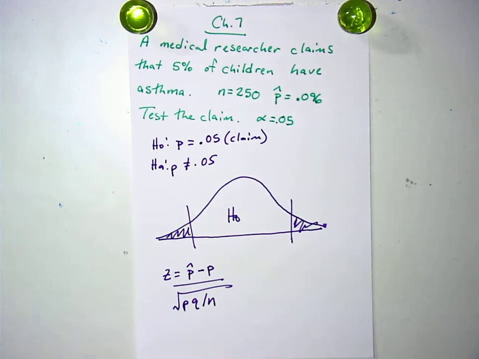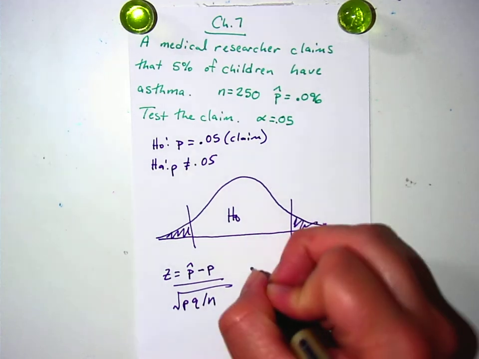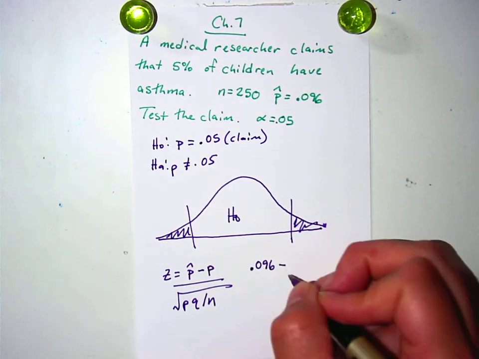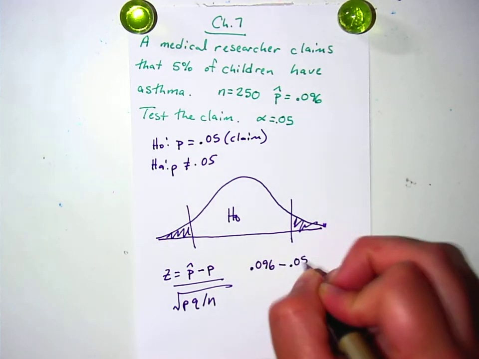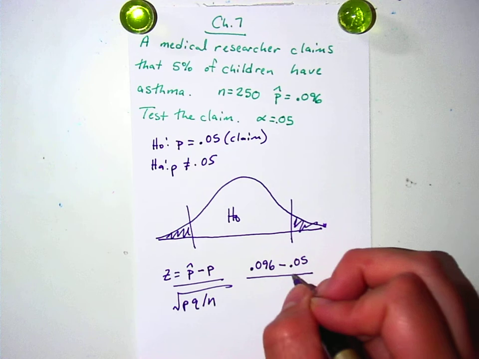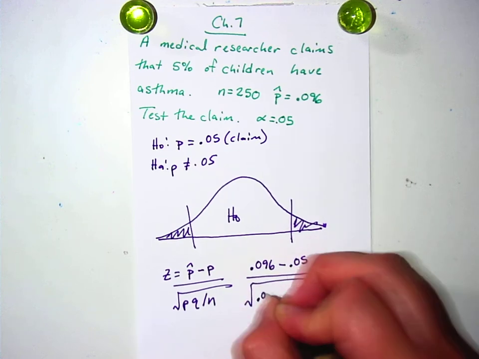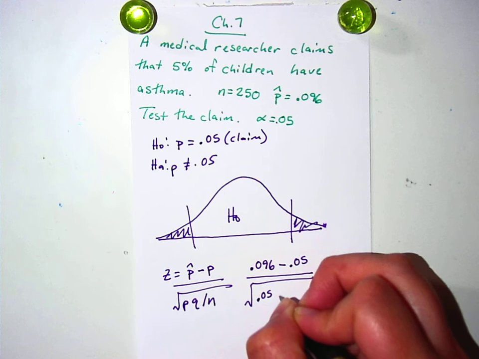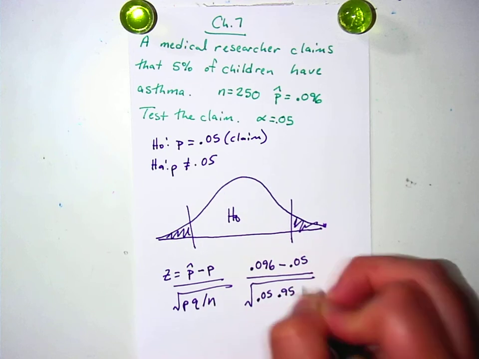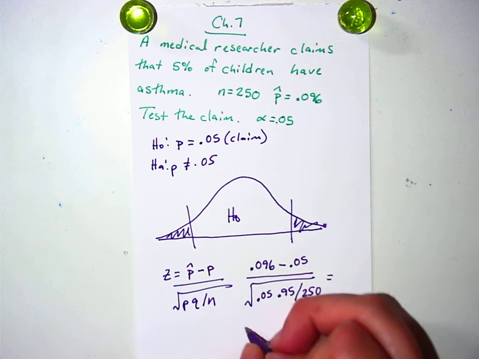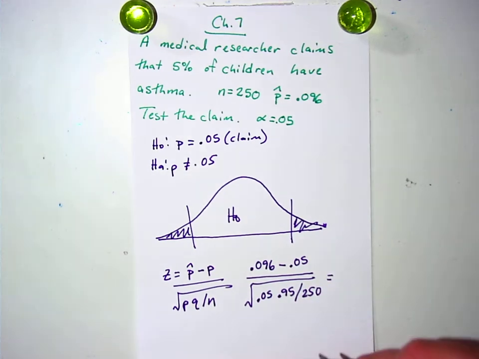So first thing I need is my p hat, which is 0.096, and then we're going to subtract p, which is 0.05. And then you take the square root of p and q, which is 0.05 and 0.95, and divide by n, which is 250. And that gets you a z-score.